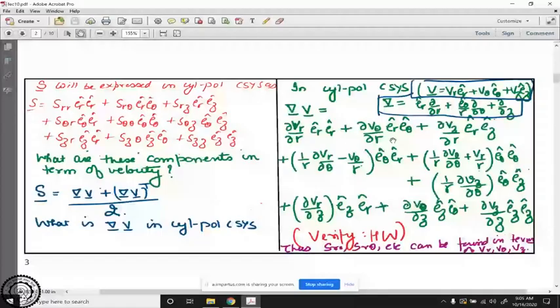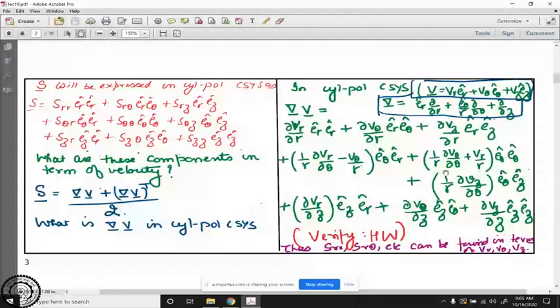Okay, so again we have 9 coefficients corresponding to the 9 types of dyad. And once you have written this, then I can match what is SRR. SRR is del VR by del R. What is S theta theta? So you go here and see the coefficient of E theta E theta.